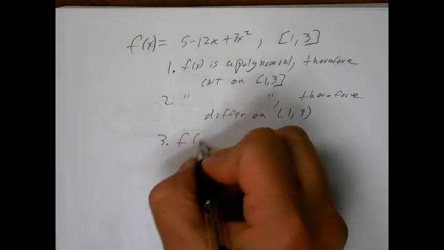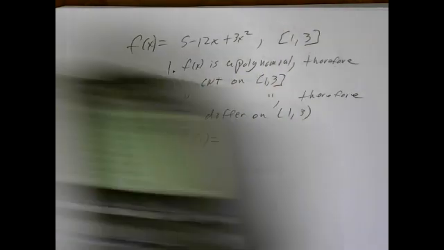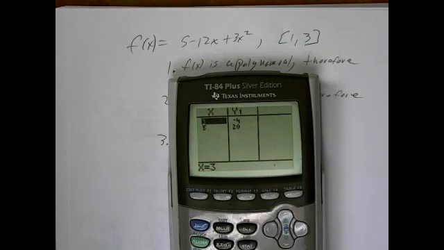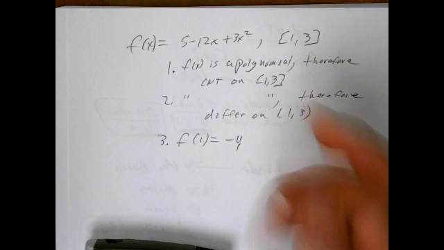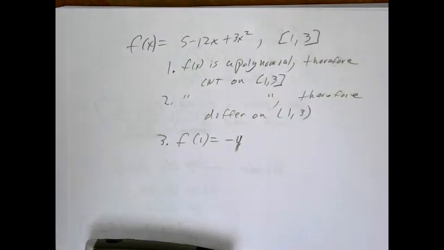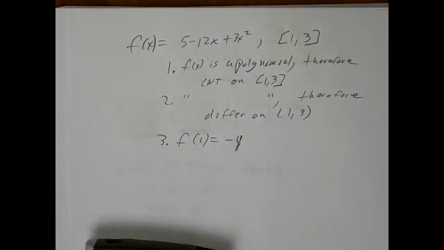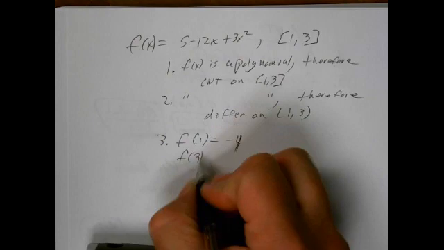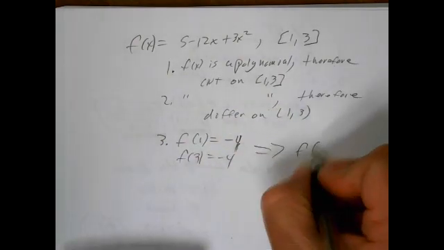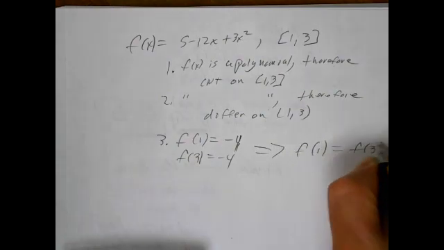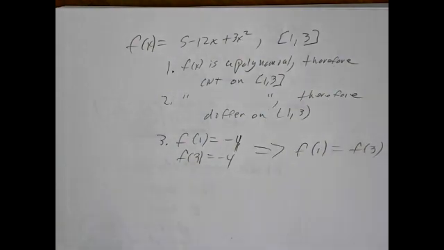Thirdly, f of 1 is equal to, and here's where the calculator is a little bit helpful, f of 1 is equal to negative 4. And f of 3 is equal to negative 4. So therefore, f of 1 equals f of 3, and the conditions of Rolle's hold.